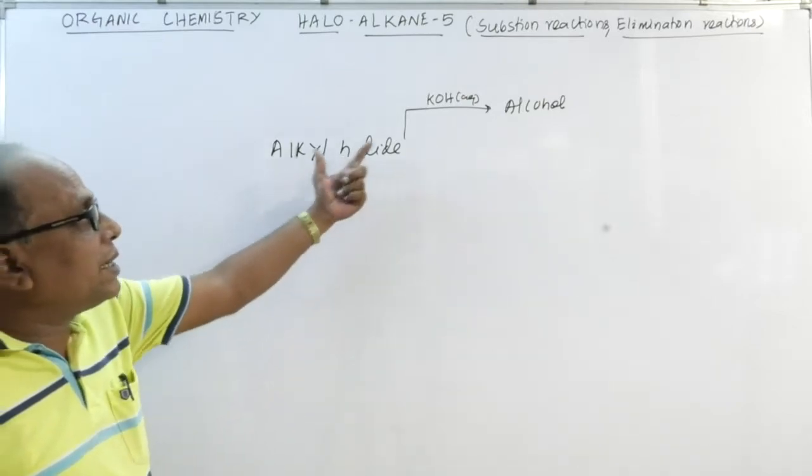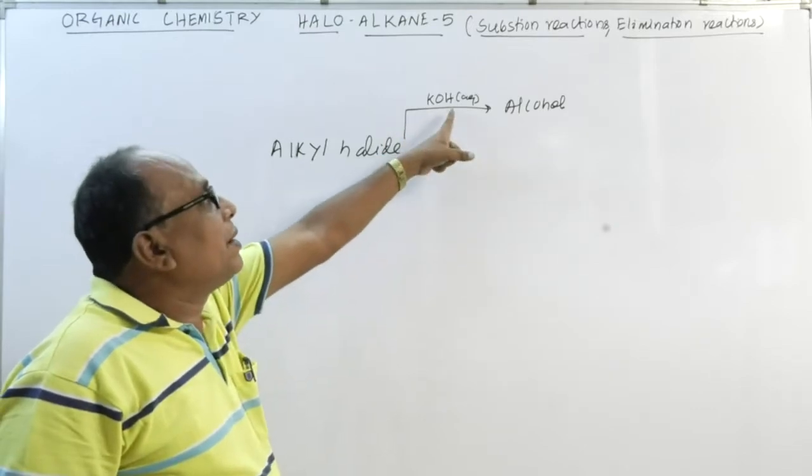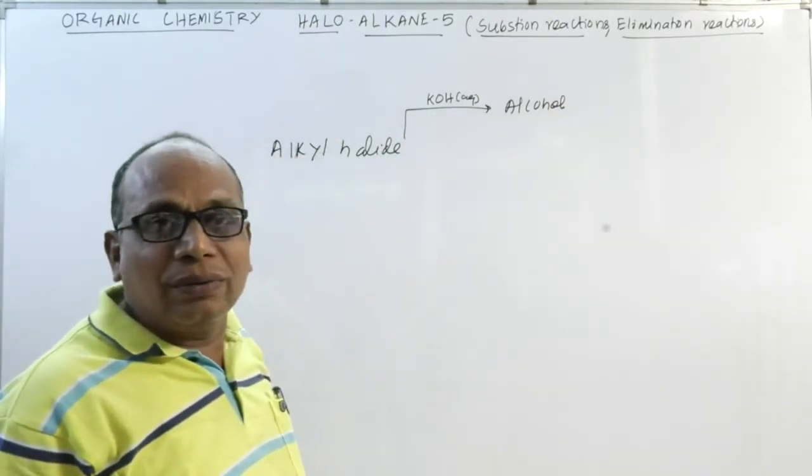When alkyl halide is treated with aqueous potassium hydroxide, the halogen atom of the alkyl halide is replaced by an OH group. Then automatically the compound gives you alcohol.